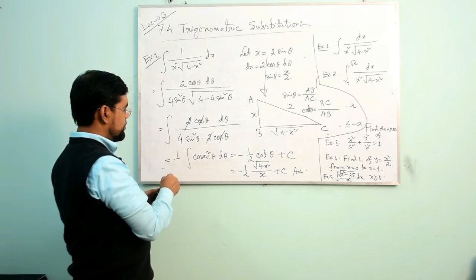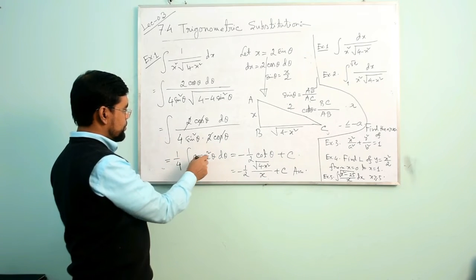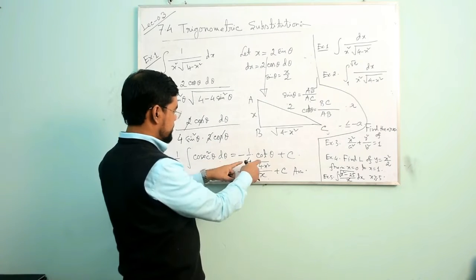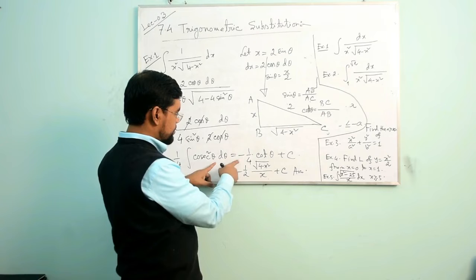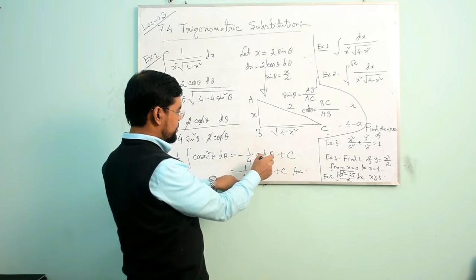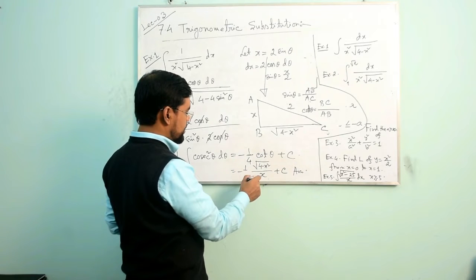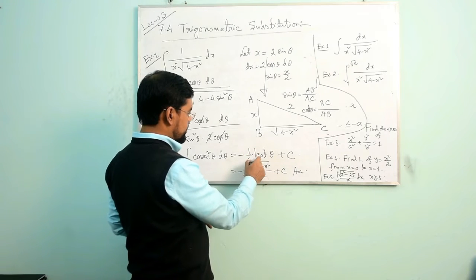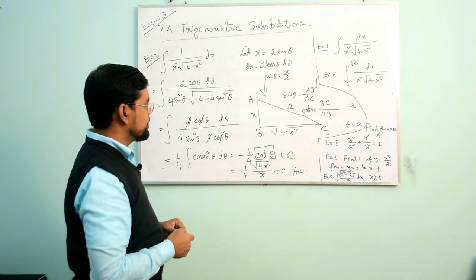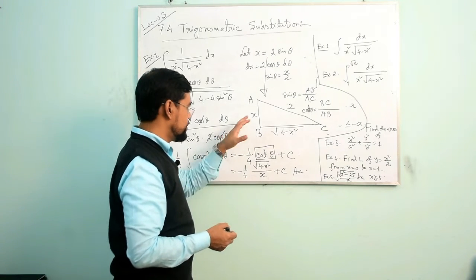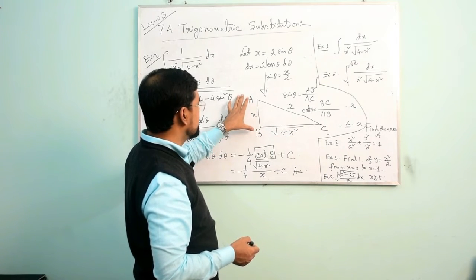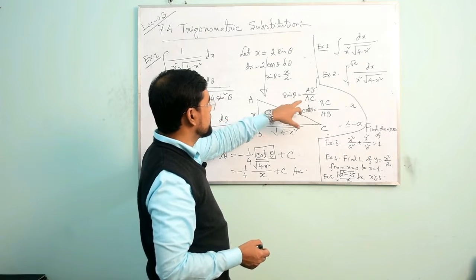Finally, you will get 1 by 4 cosec square theta d theta, and we know the integration of cosec square theta equals minus cot theta. So it will be minus 1 by 4 cot theta plus c. Now the question is, how can we substitute this theta back into x? To do that, let us consider a triangle ABC where sin theta equals AB by AC.